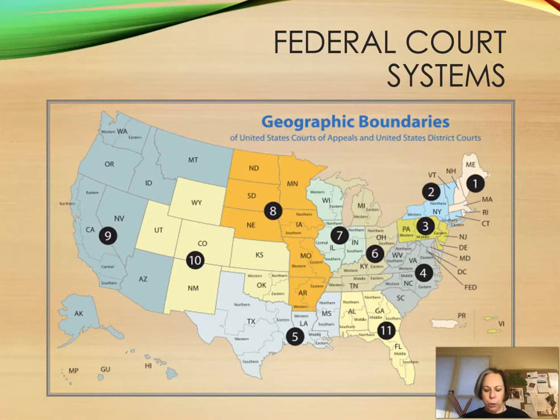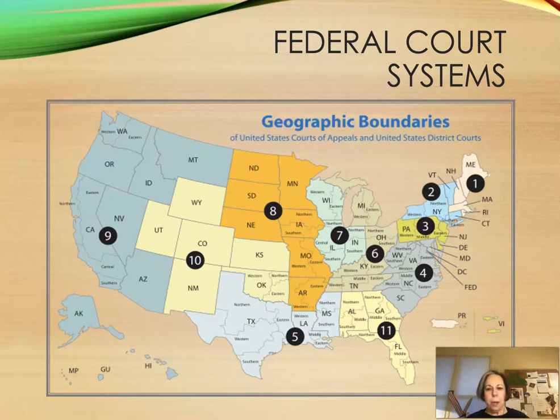Does it matter which circuit has decided a case? Well, if you were going to argue a medical marijuana case, is there a circuit you would rather be in than not be in? Yeah. If you could get it so that your plaintiff, or your defendant, was in the 9th Circuit, which is California and the West, that is probably going to serve your client better than the 5th Circuit, which is Texas, Louisiana, Mississippi.